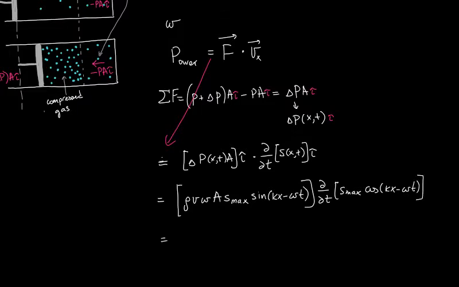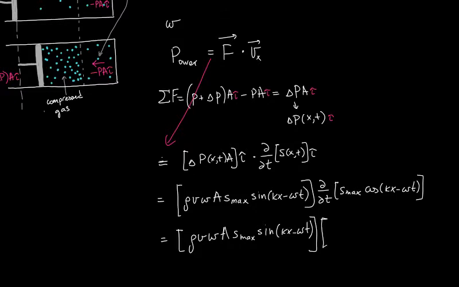So simplify this, we'll get rho v omega A s max sine(kx minus omega t), and then let's take the derivative.